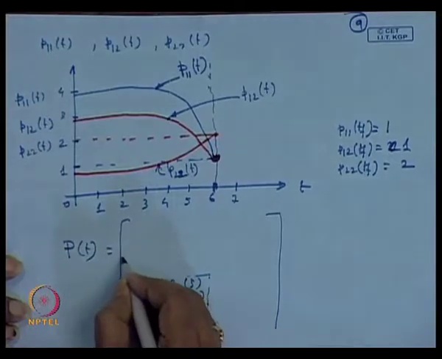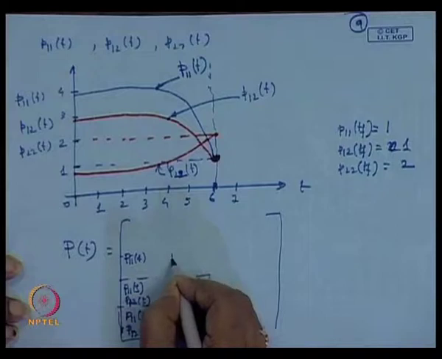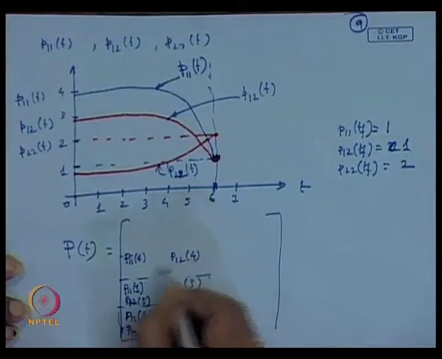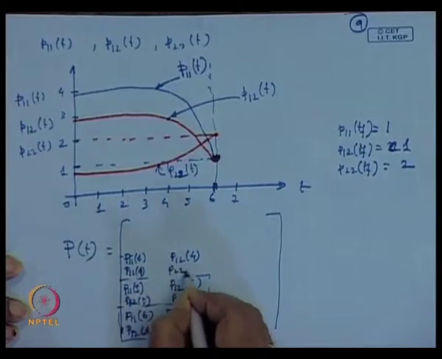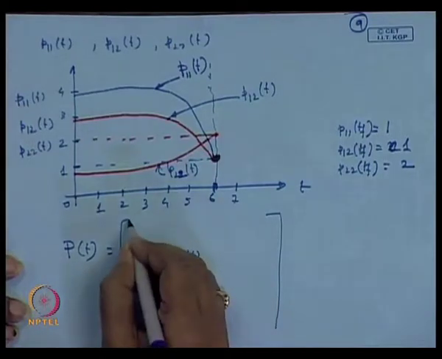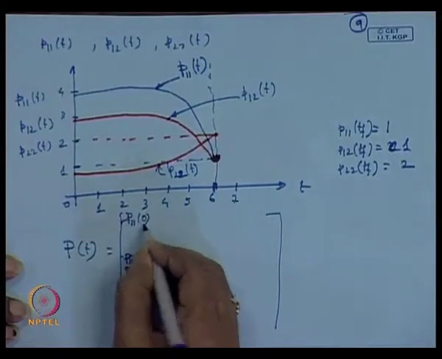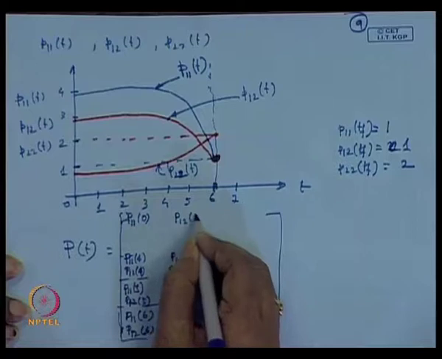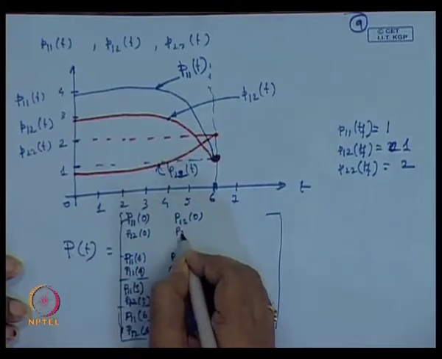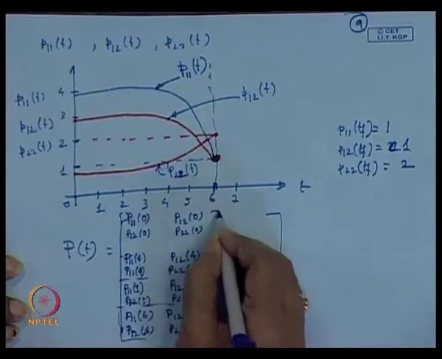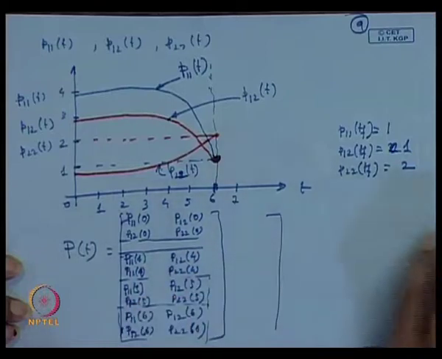Next you store P 11 4, P 12 4, P 12 4, P 22 4 and so on, and last you get P 11 0, P 12 0, P 12 0, P 22 0. In this way you store it.